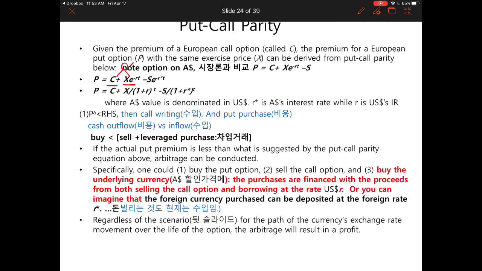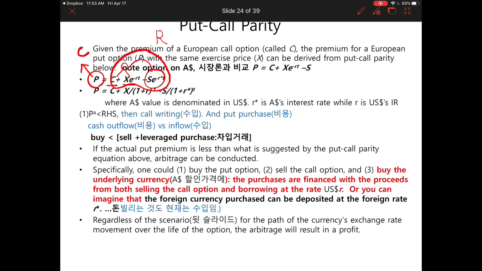You want to spend that entire money purchasing what? Australian dollar. If there is some leftover still after that, that's going to be your revenue. And the put, you purchase the put. To do so, you spend the premium as a cost for that.